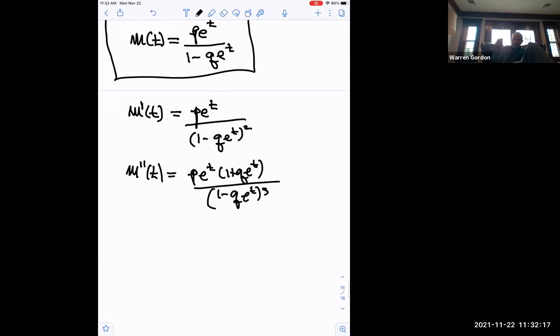I'll let you verify this since you've all had a semester of calculus. And if you work all this out, lo and behold, you'll find E of X, which is M prime of 0, turns out to be very simply 1 over p. And V of X, I do the calculations in the text for you, turns out to be q over p squared.